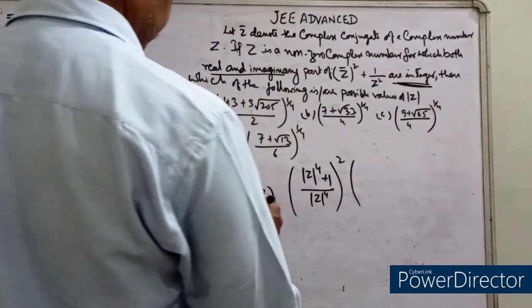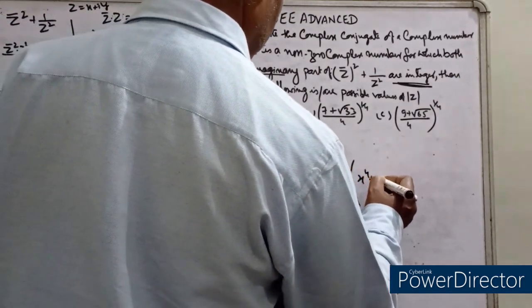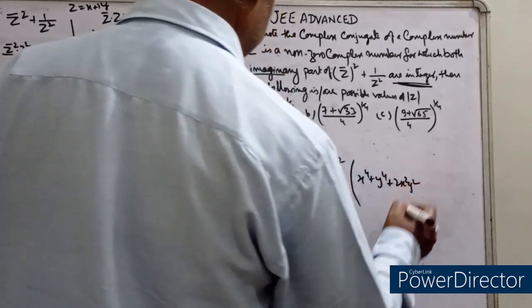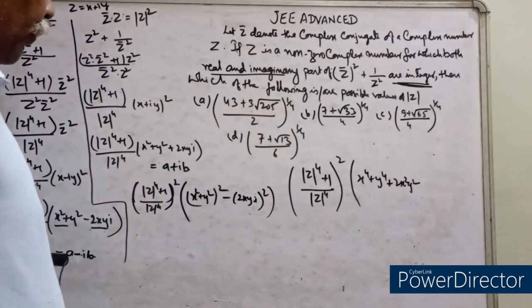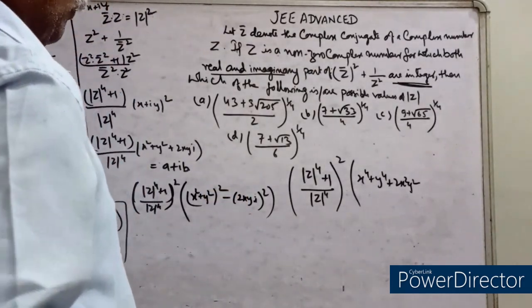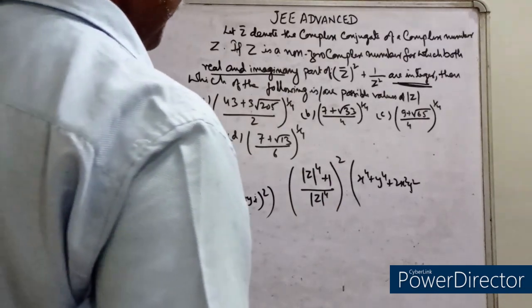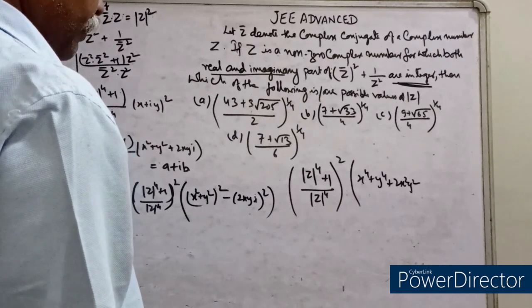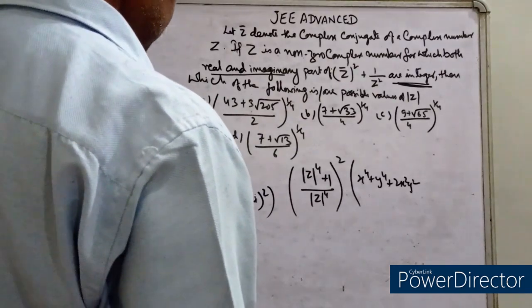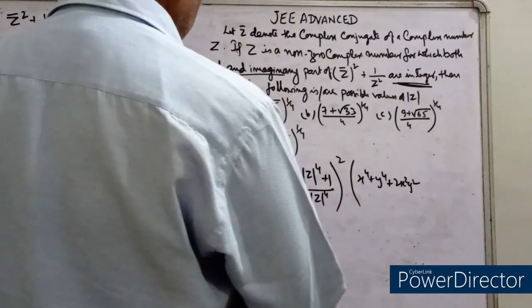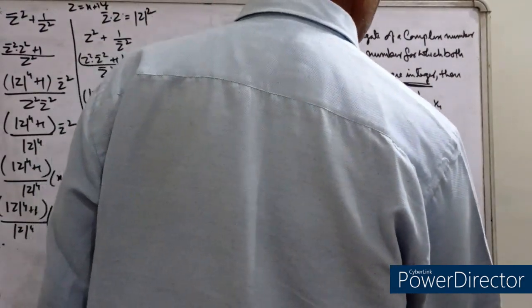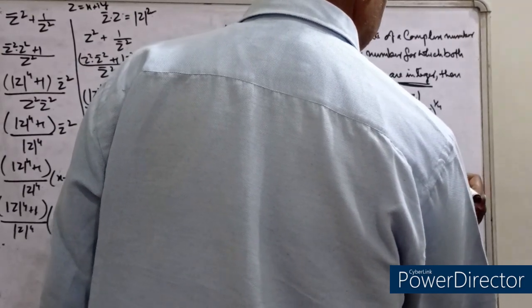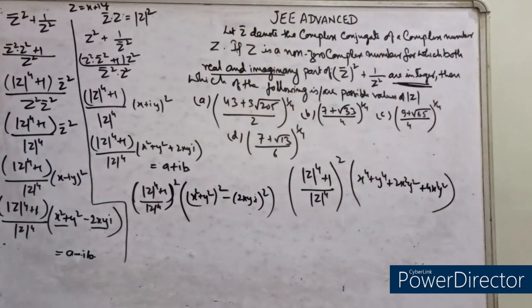So this will be x to the power 4 plus y to the power 4 plus 2x square y square, and plus 4x square y square. The result will be somewhat like this.